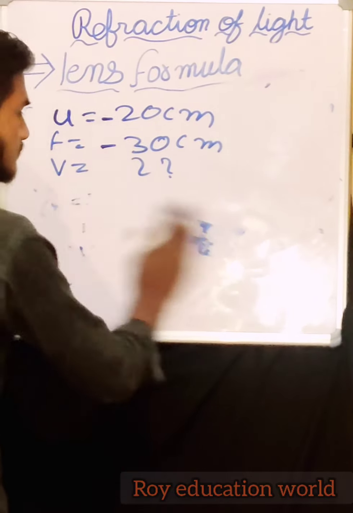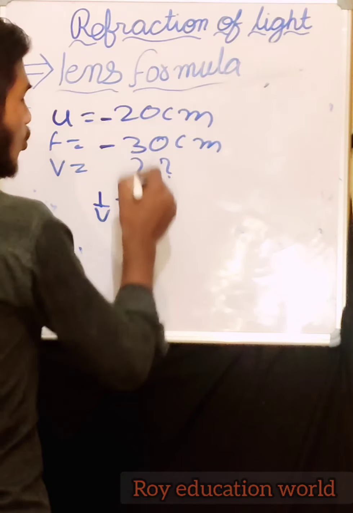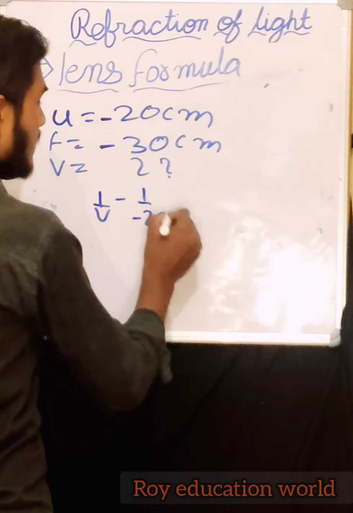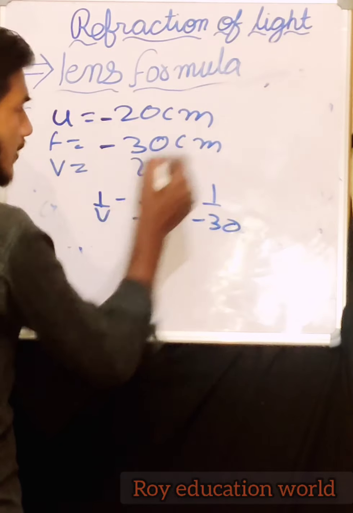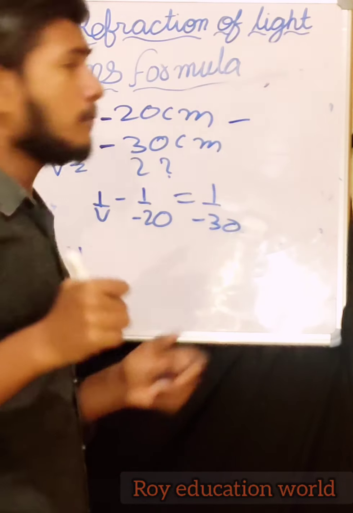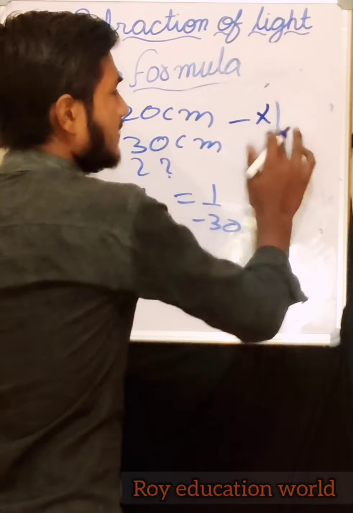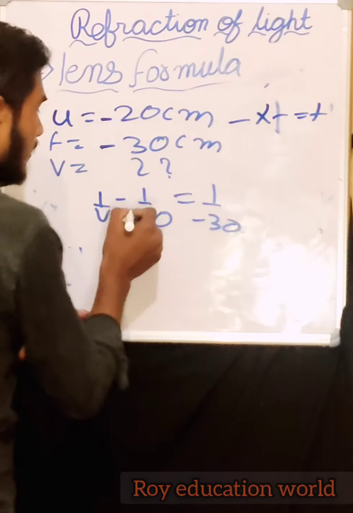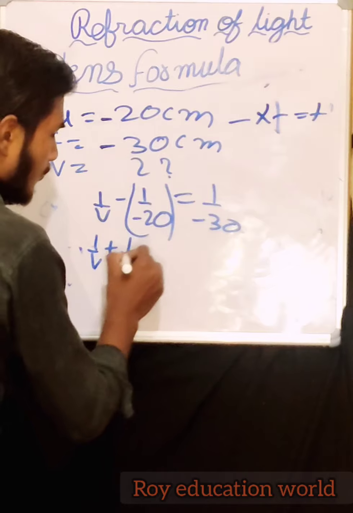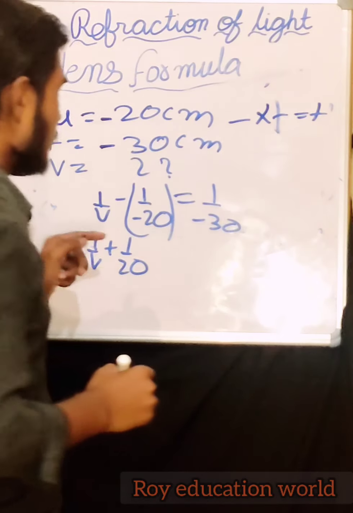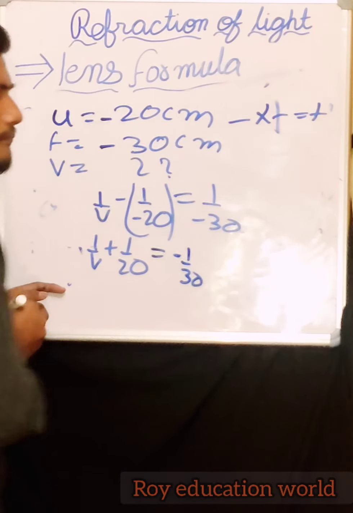So we know that here 1 by v minus 1 by minus 20 equals 1 by minus 30. Here minus into minus is plus. So 1 by v plus 1 by 20 equals 1 by minus 30.